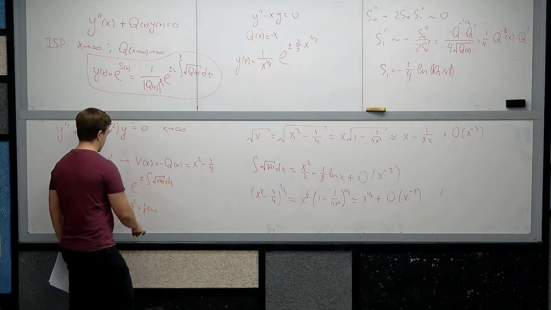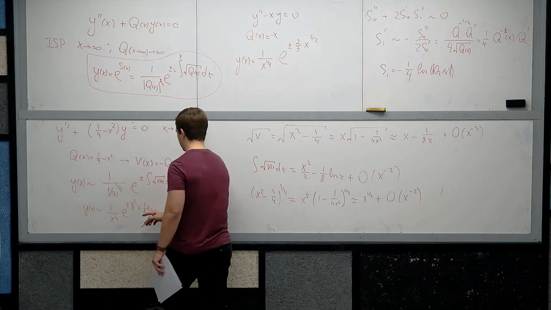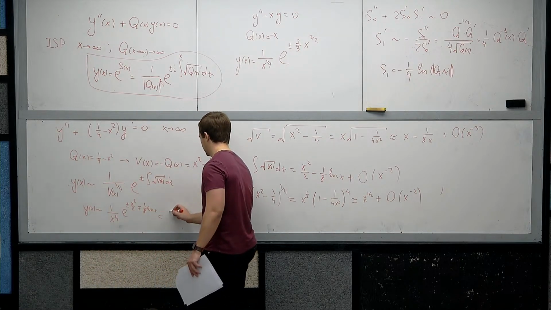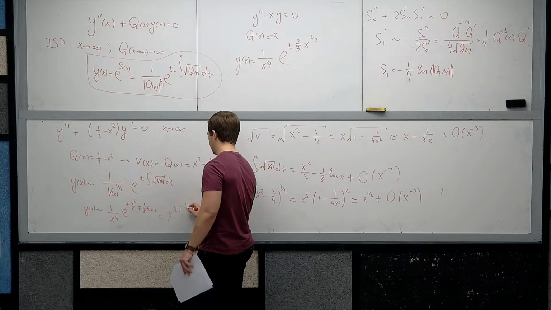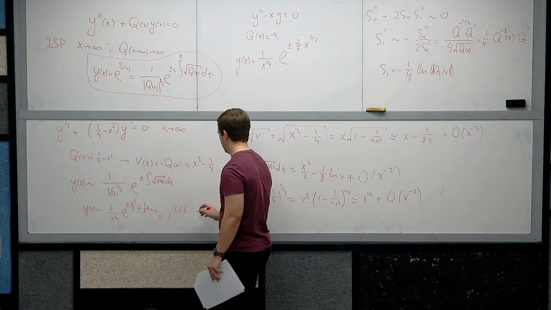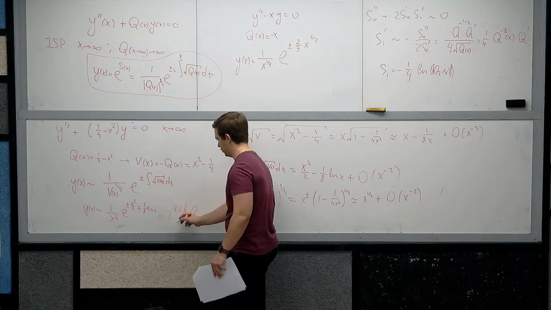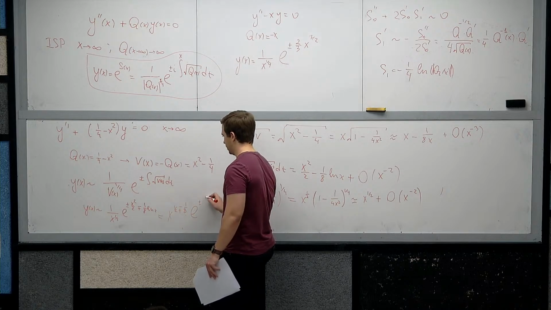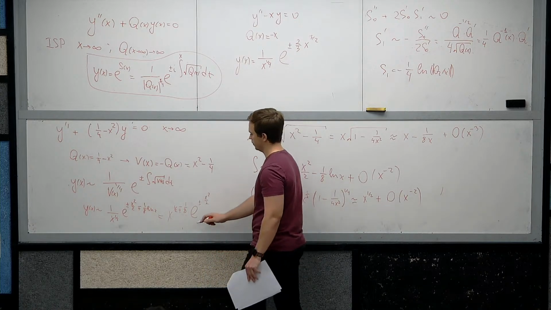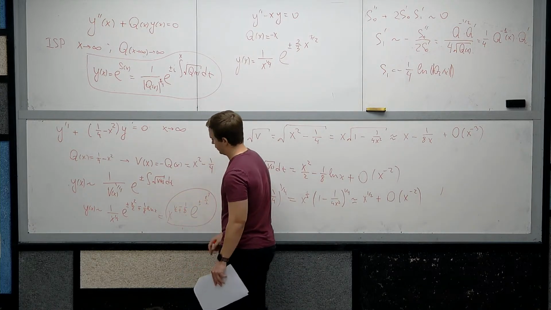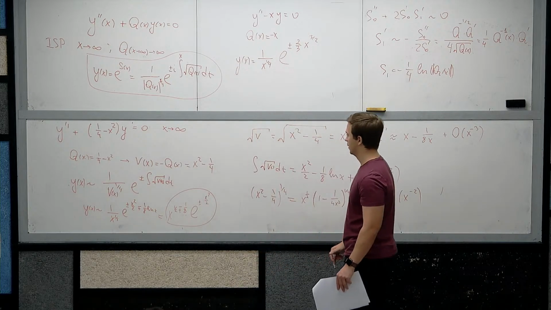And we can use the definition of the logarithm and say that this is x to the 1/2, then minus plus 1 over 8, and multiply by the exponent, plus minus x squared over 2. Okay? This is the asymptotic solution.